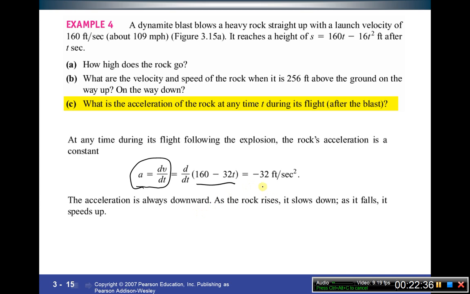Taking that derivative, we get minus 32 feet per second, and that's written as minus 32 feet per second squared. So the acceleration of gravity, as you know, is always downward. It's always trying to bring anything above the surface of the earth down towards Earth, unless it's acted upon by another force, like a rocket taking off, or you throwing a ball up.